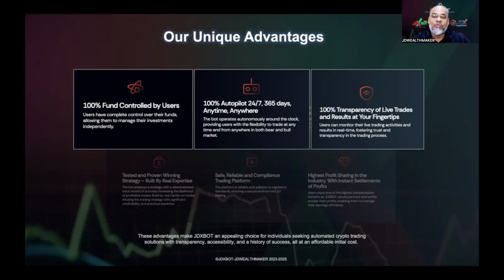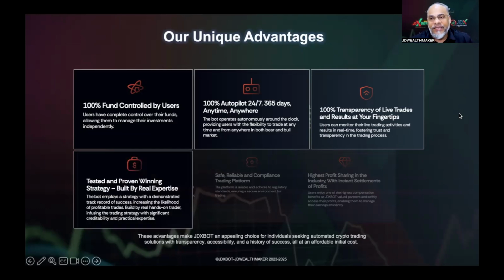And JD Expert cannot manipulate or alter any of these results because it is coming from the third party, right? So when it is coming from the third party, this is where the user can actually have 100% transparency, knowing that this is an independent report and everything they're seeing over there, whether there are losses or whether there is a profit, everything will be shown in the app, and the user can actually monitor by themselves. Okay, I think this is a powerful proposition, right? For anyone to actually become part of JD Expert.